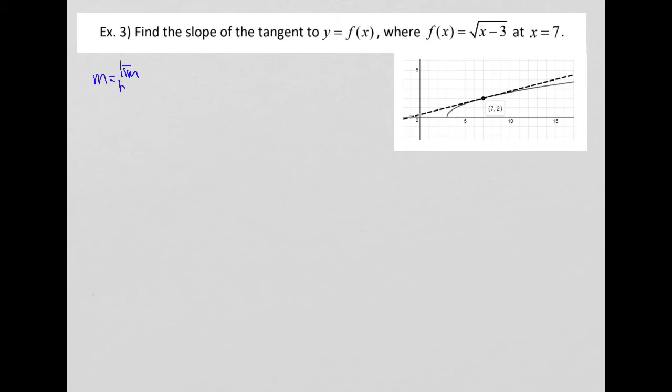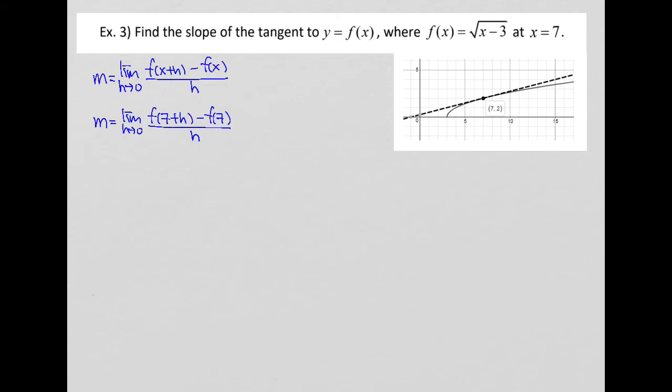Limit as h approaches 0, f of x plus h minus f of x divided by h. Step 2, we are going to substitute the value of x into the slope of tangent, which is f of 7 plus h minus f of 7 divided by h.